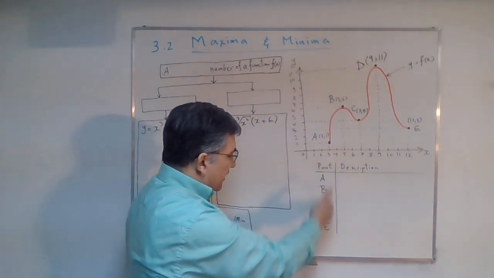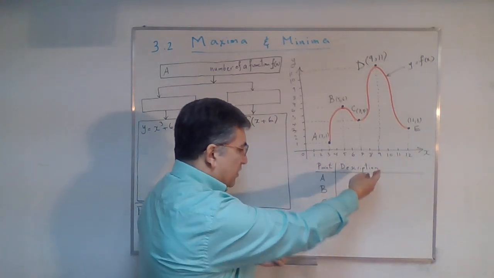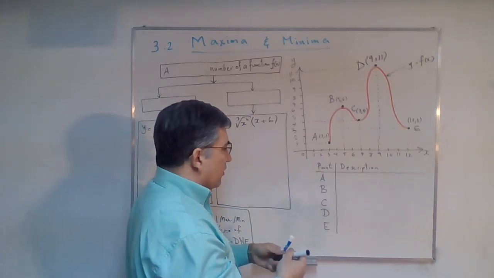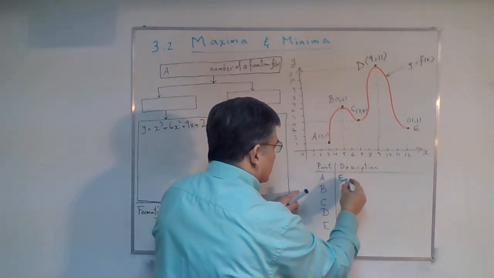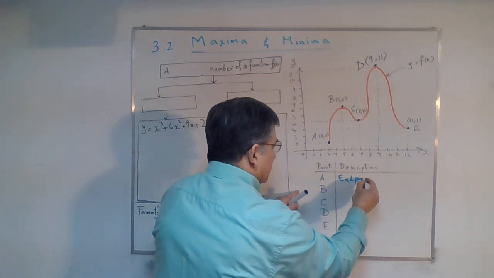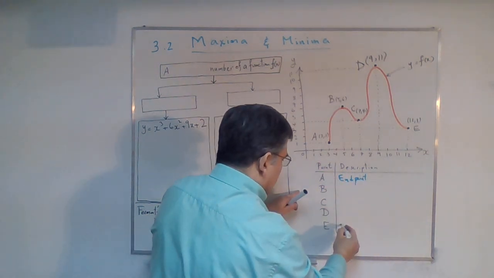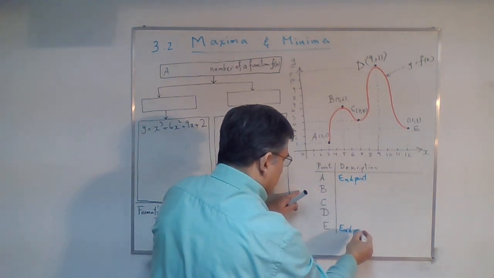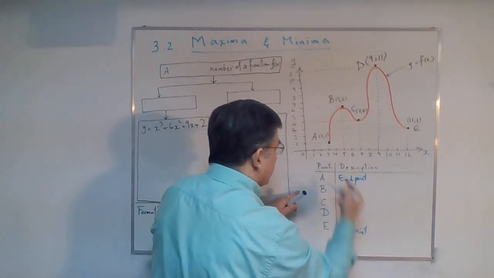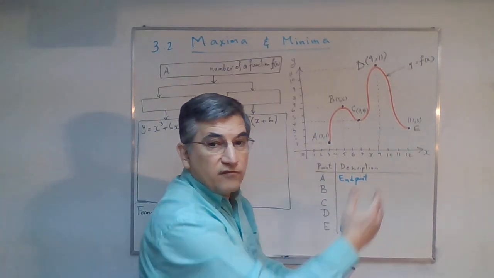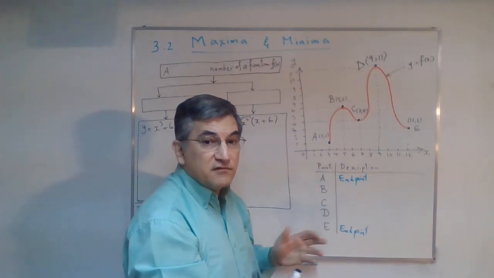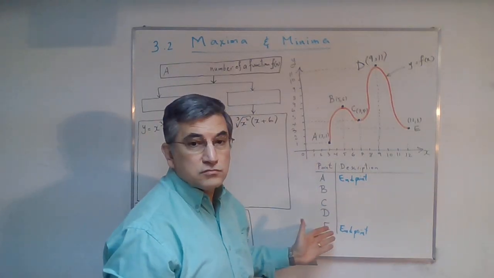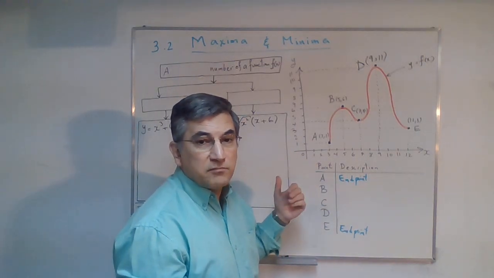So if I have listed all the points and I want to describe these points, I'm going to call point A an endpoint. So that's one description for now. And there is another endpoint, and that's endpoint E right there. So point A, point E on far left-hand side, far right-hand side of this portion of the graph of a function are called endpoints. Nothing complicated.